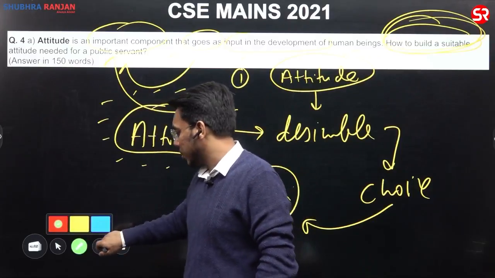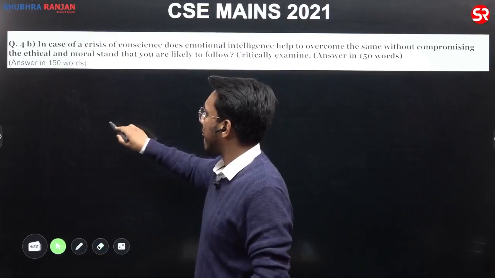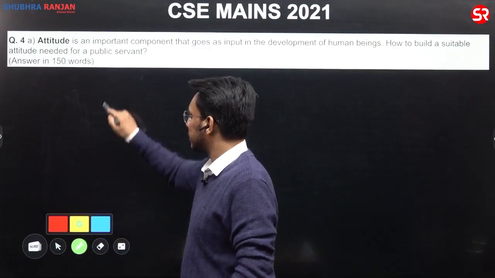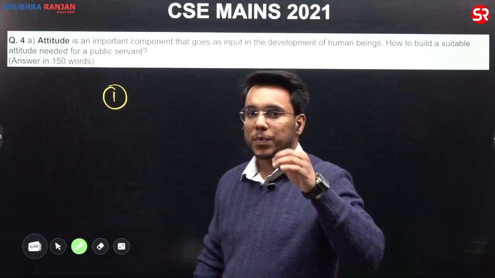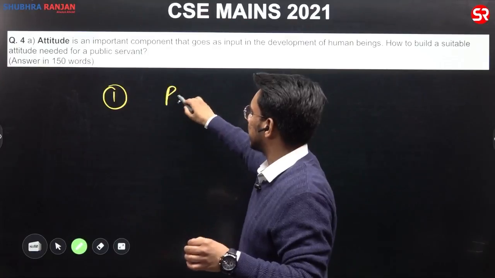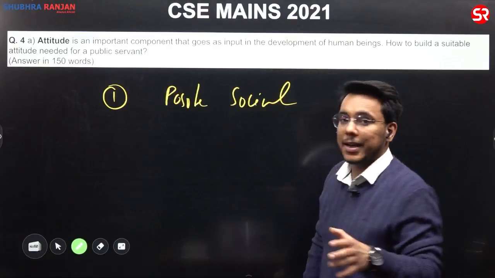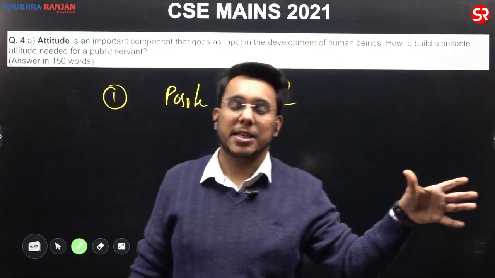The attitudes could be developed in them in certain ways. Number one, through positive socialization. Through positive socialization, favorable attitudes can be built in the civil servants during their tender age.